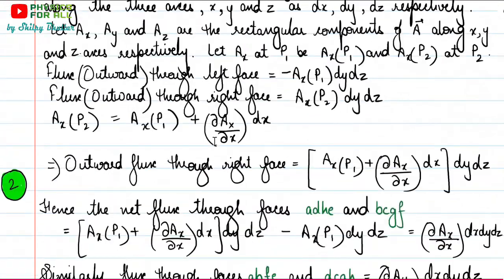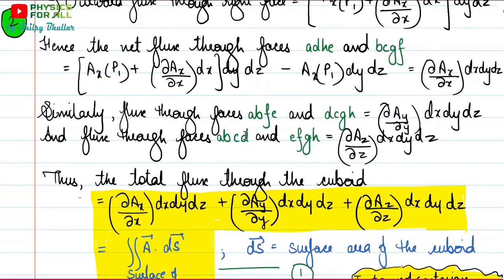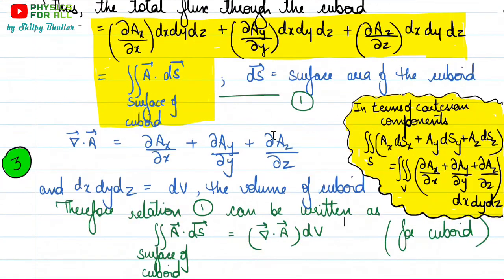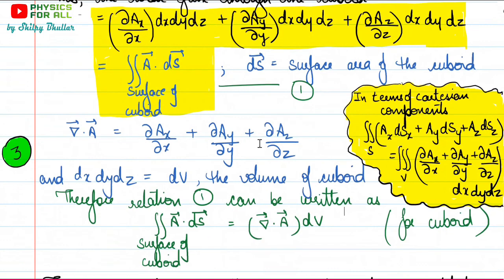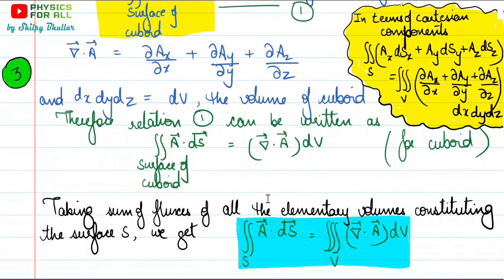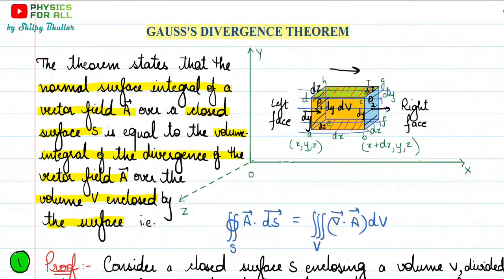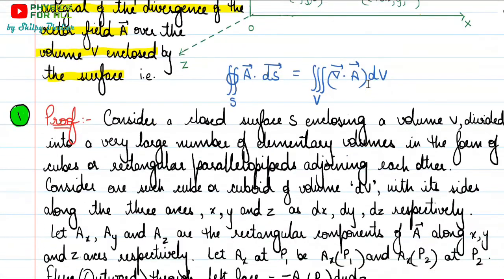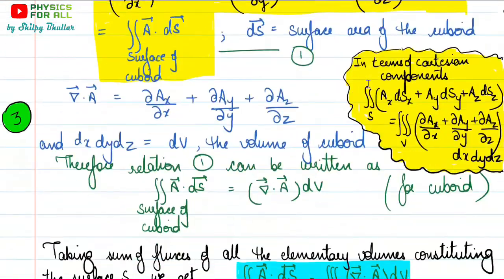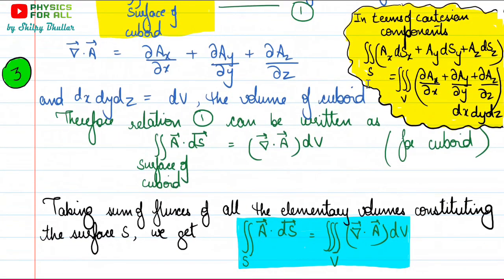We solved for x completely, and then wrote in similar fashion for y and z. Total flux, and then we used our divergence formula, combined both effects, which gave us the Gauss divergence theorem. And then we also know how to write it in terms of Cartesian components. So if you find this theorem in an exam, this is the way you have to represent it. All the steps are mentioned, and you can follow this derivation.